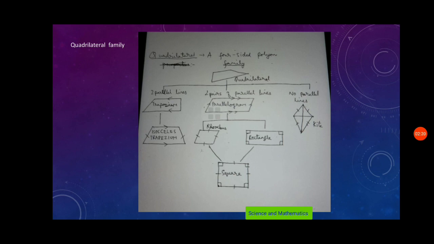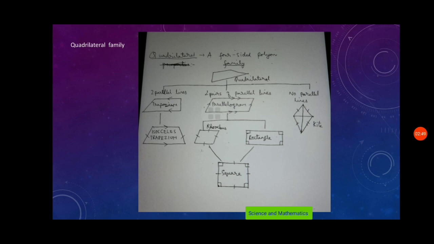Here we can include the parallelogram, and the parallelogram can again be categorized into rhombus, rectangle and square. We all know that rhombus, rectangle and square are types of parallelogram. Within the quadrilaterals where there are no parallel lines, this means the kite. There is a shape called kite which we will learn in this video only.